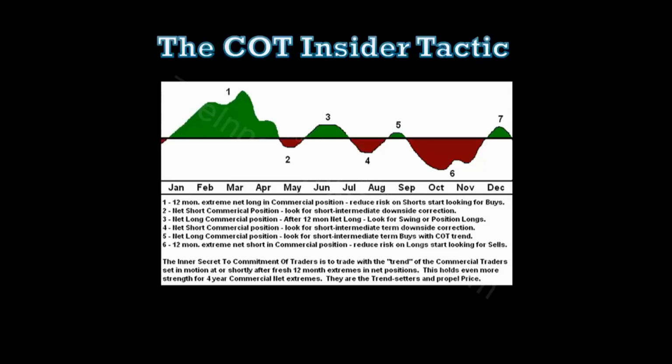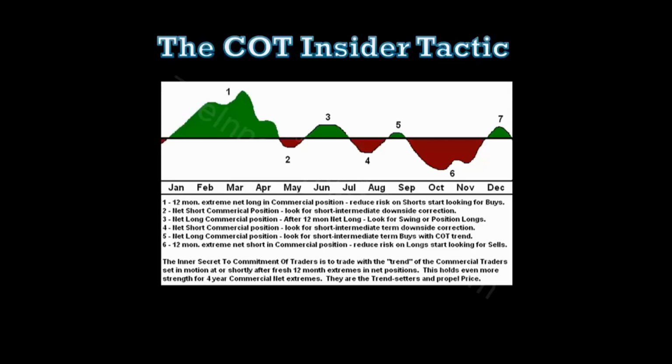Point 4, again, they swing back down to a net short position. During this time, you can still take short to intermediate term downside shorts, because it's basically going to be correcting again. It's going to be a retracement and an up move. Then at point 5, we have another net long position. The commercials went back above that 0 basis line.